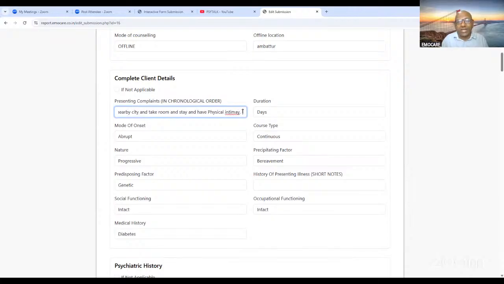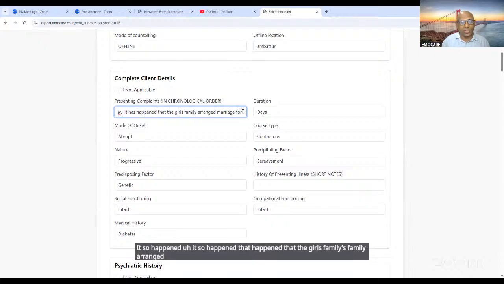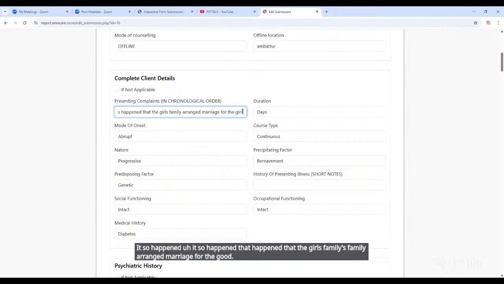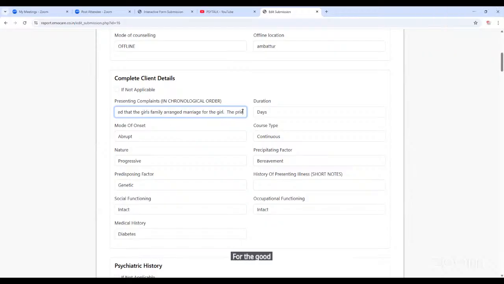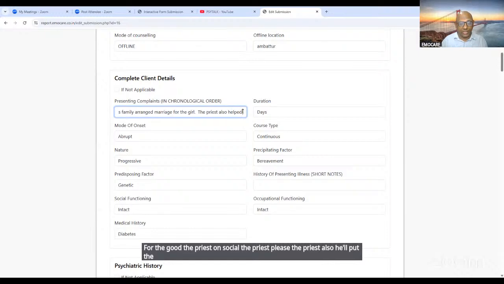It so happened that the girl's family arranged a marriage for the girl. The priest also helped the family.